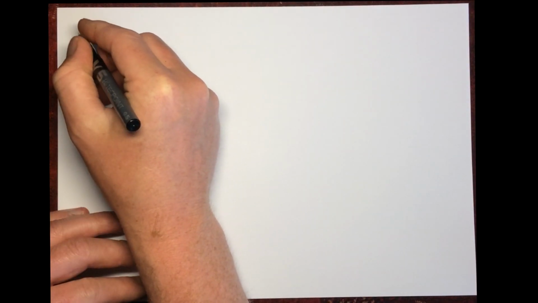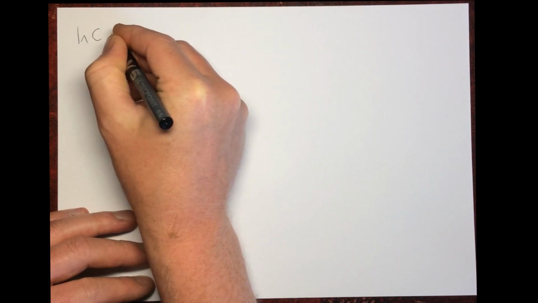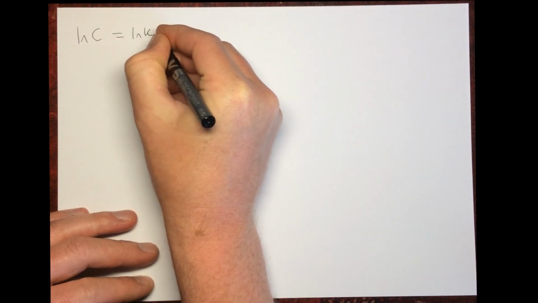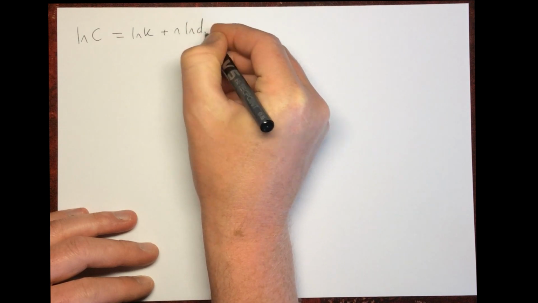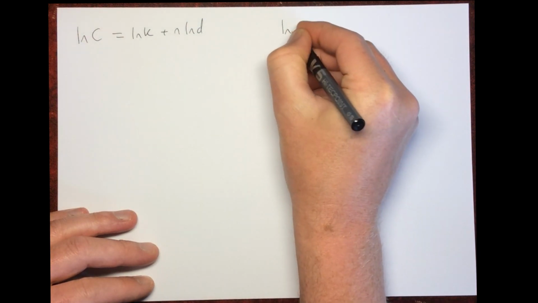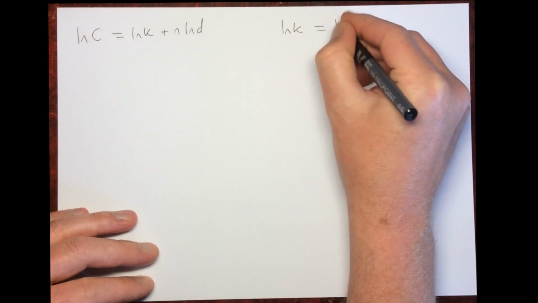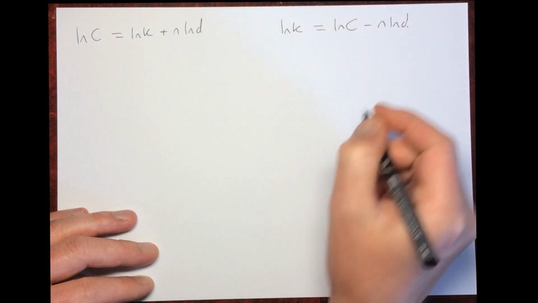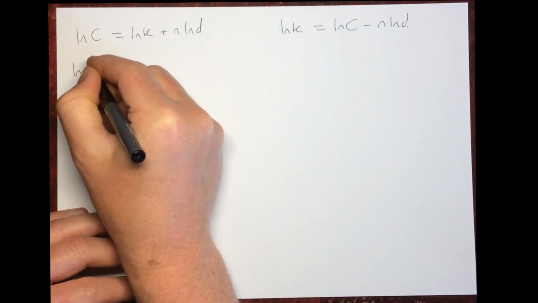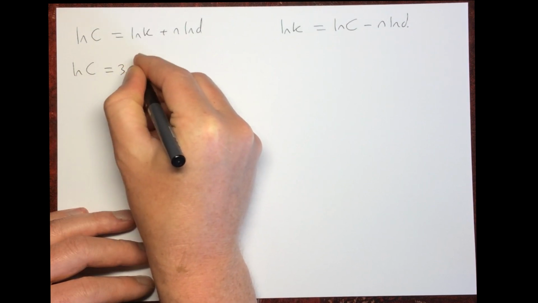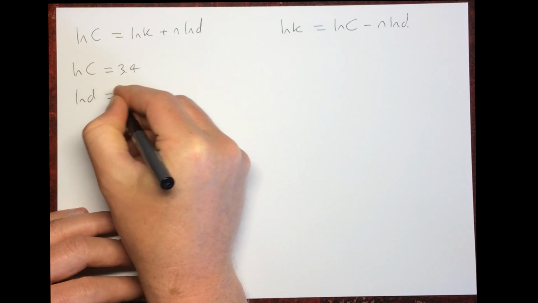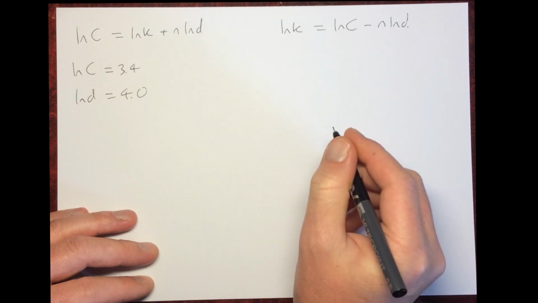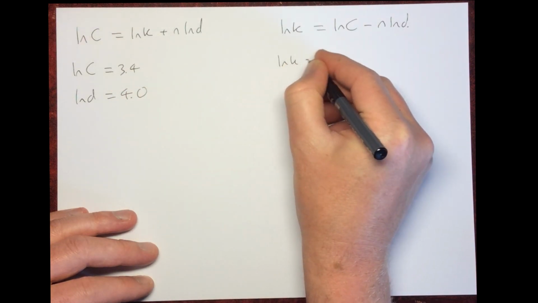Okay, so we're now going to calculate the intercept. We can use this equation, lnc equals lnk plus n lnd, and we can rearrange it to get lnk equals lnc minus n lnd. Now we know from our graph that when lnc equals 3.4, lnd equals 4.0, so we just need to put these numbers into this equation to get lnk.